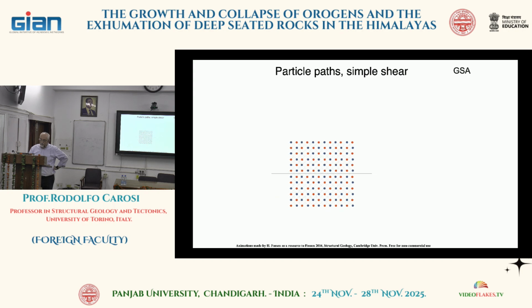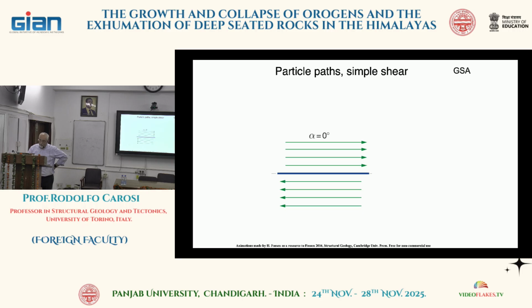This is simple shear, dextral simple shear, and the particle moves parallel to the horizontal axis and does not change position along the vertical axis. And you have only one apophysis, so alpha is equal to 0. And the situation is this.